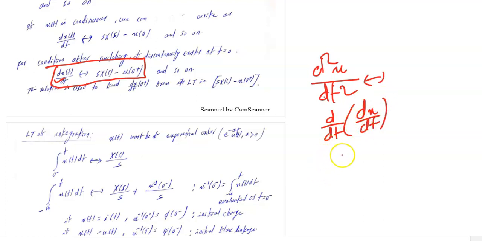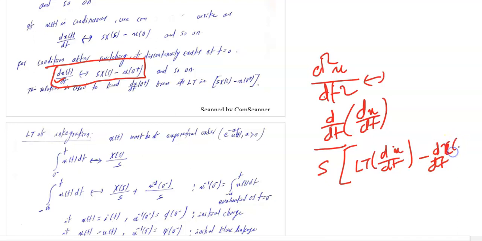For this we have s times the Laplace transform of dx upon dt minus d upon dt of x of t evaluated at 0 plus.